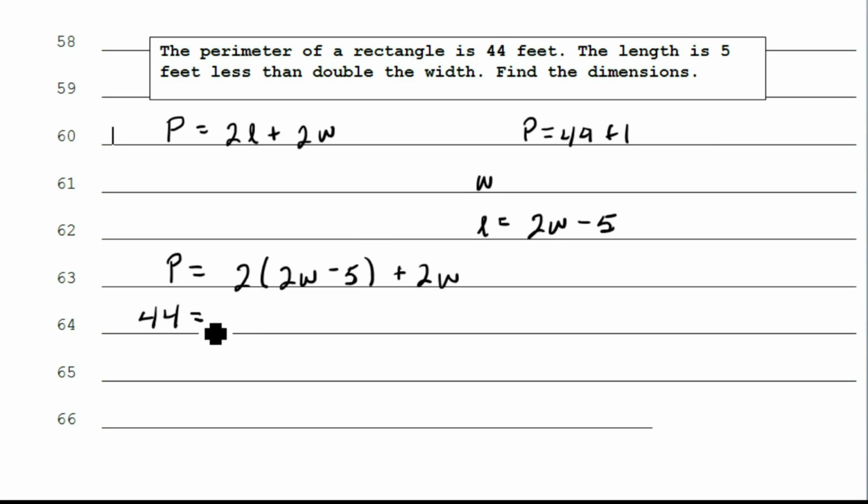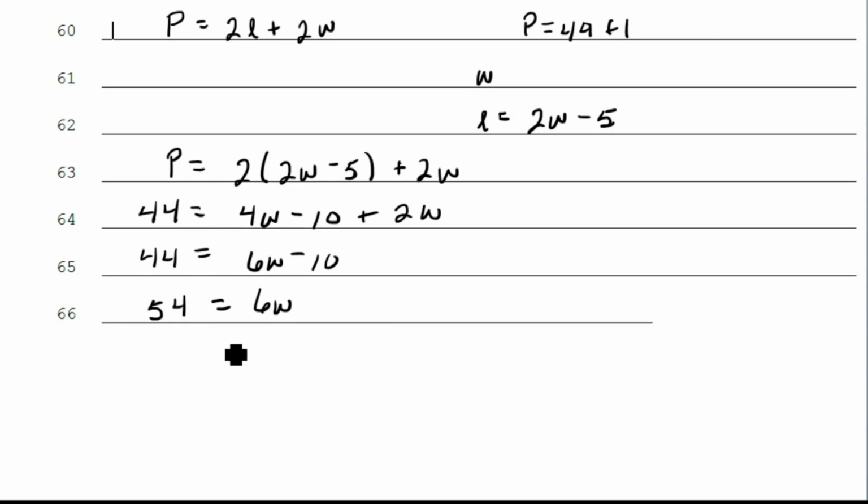So 44 equals, expand this out, 4W minus 10 plus 2W, which is 6W minus 10. Add 10 to both sides. We got 54 equals 6W. And divide by 6. And W will equal 9 feet.